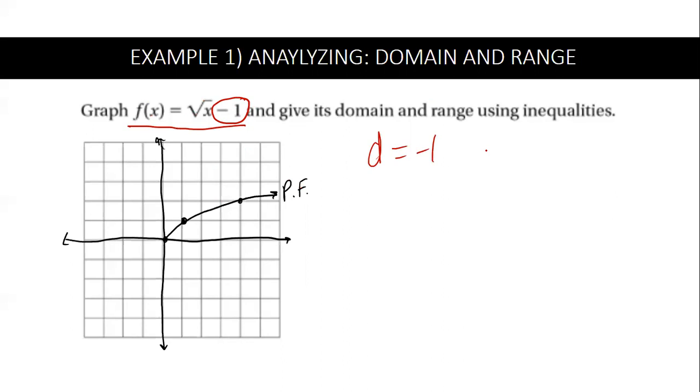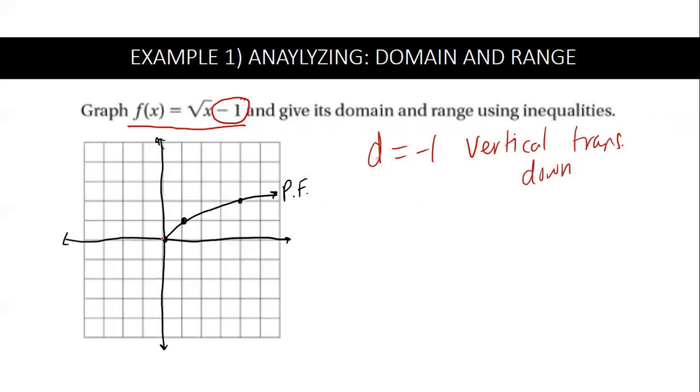It's something being added or subtracted on the outside, right? So I'm subtracting, so d equals -1. And we said that if d is less than 0, that means it's a vertical translation down.